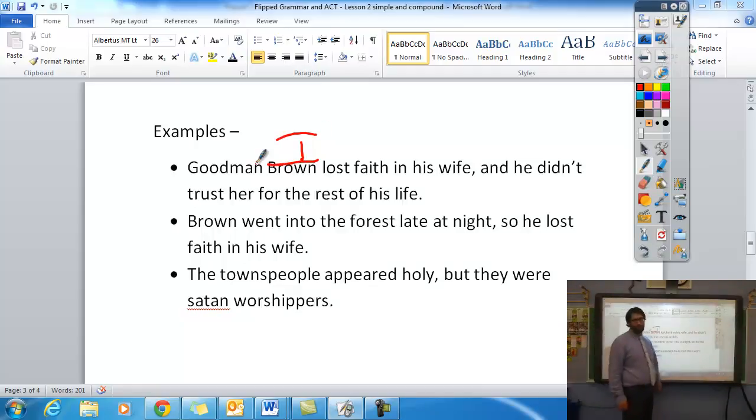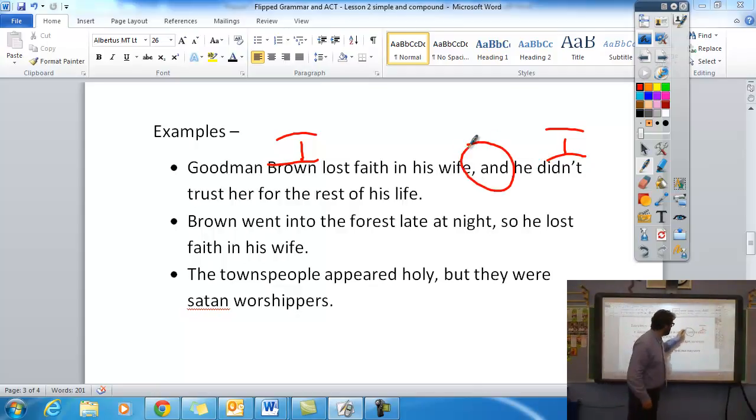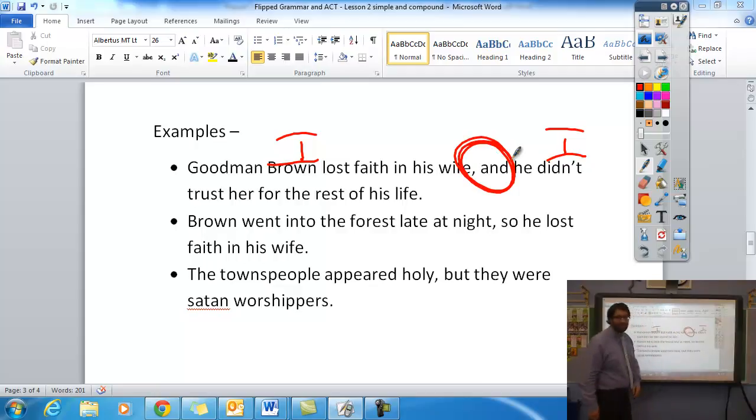He didn't trust her for the rest of his life. That could be its own sentence. We join those two together with a comma and the fanboy and. He lost faith in his wife, and he didn't trust her for the rest of his life. Those two independent clauses are brought together in the same sentence with the comma and the fanboy and.